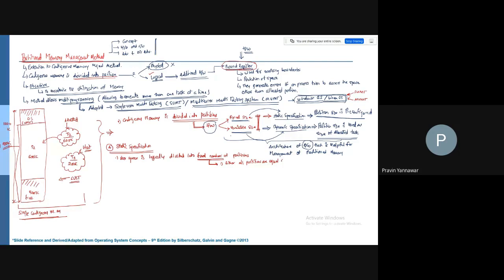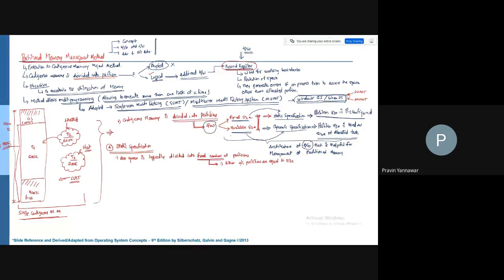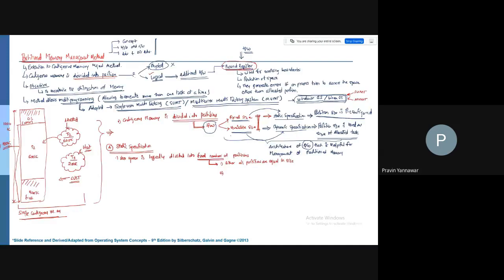Either all partitions are equal in size, or second, all partitions are variable in size and they are pre-configured.